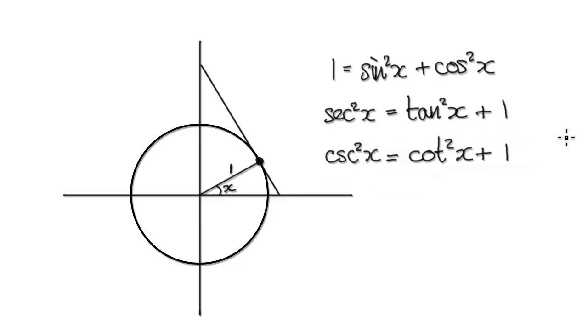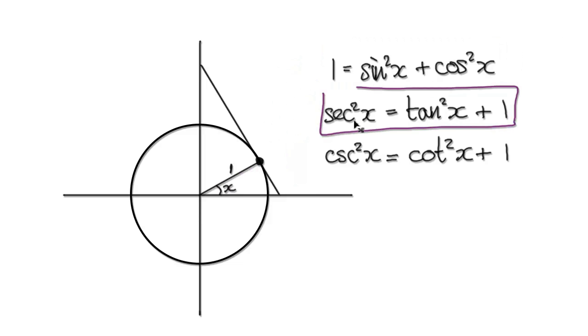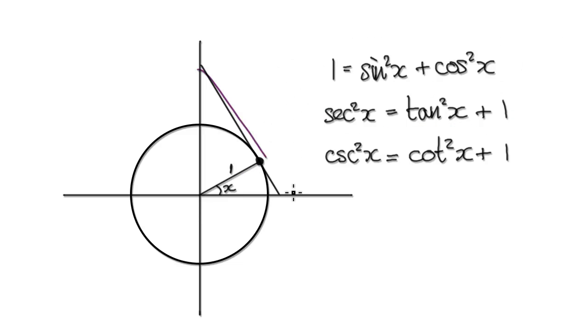So let's start all over again and give you a quick recap. To see why this is true, we would draw a straight line down here and consider this triangle here. By considering this triangle here, we know that this is true. To see why this is true, well, draw a tangent line. This length here, in the previous video, we said that this is tan of x, and this length here is secant of x.